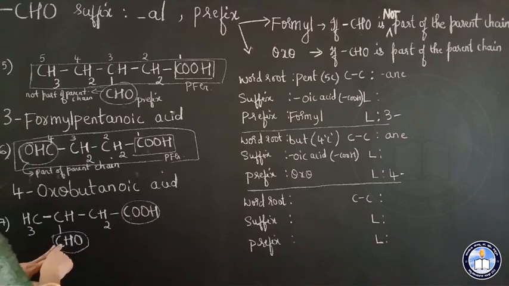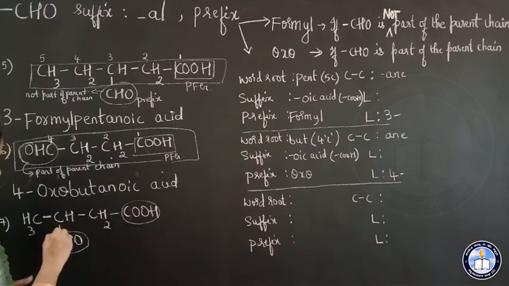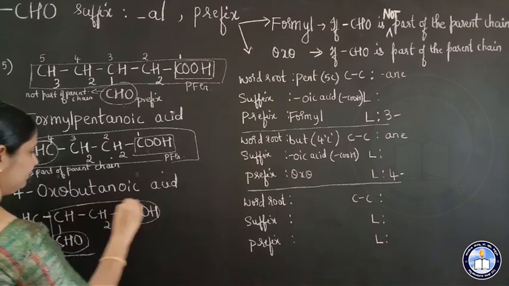Now if I select in this way, 1, 2, 3, 4, CHO group is included in the parent chain. So which will be the parent chain? Now selection in this way, this will be the parent chain, right? So this will be the parent chain.